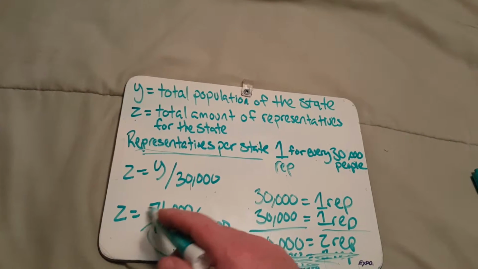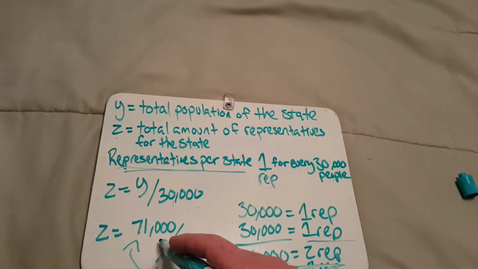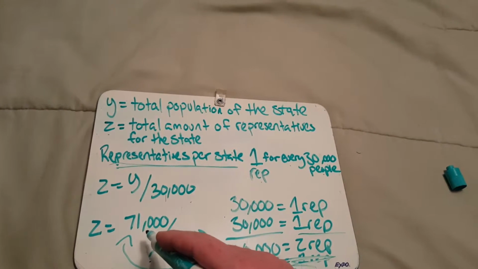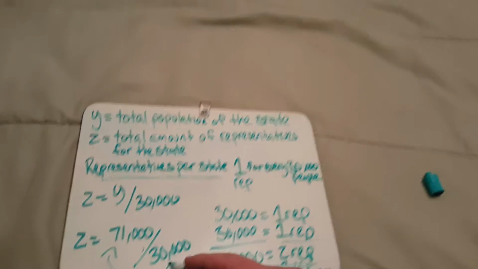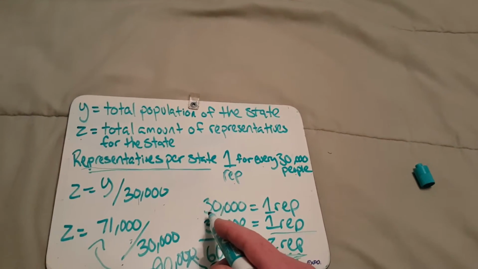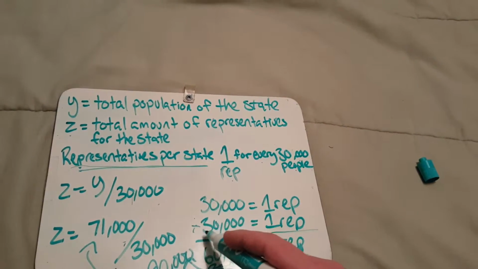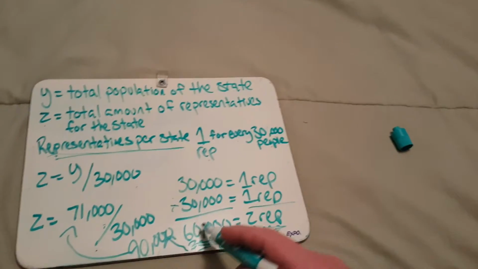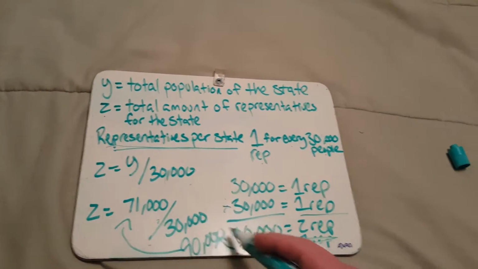Z equals 71,000, because we already figured out from the last activity that that was Georgia's total population that they could use, over 30,000. Repeated addition will tell us we have 30,000 people equals one rep. Let's add another 30,000 people equals one rep. We have 60,000 people. 60,000 goes into 71,000.